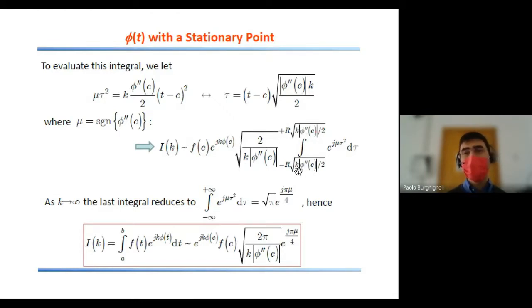So when you let k go to infinity, those integration limits go to infinity, and this integral with infinite integration limits tends asymptotically exponentially to this constant, e to the j pi mu divided by 4.